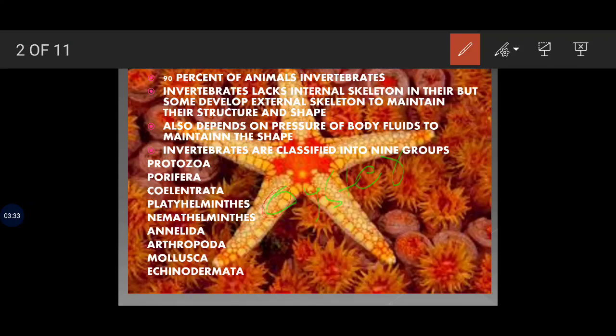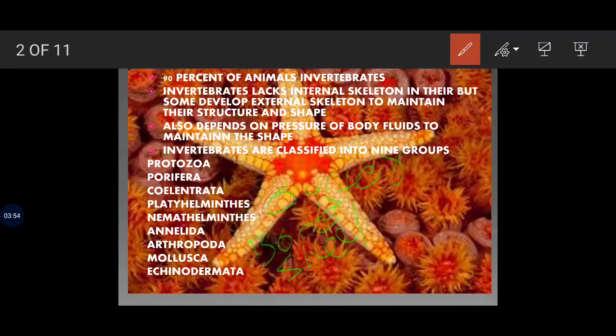But from the outside, if you see the oyster, it has a hard bony shell, a protective shell made up of calcium carbonate. So students, in that case it is from outside.